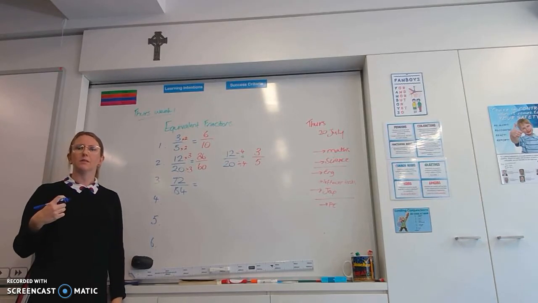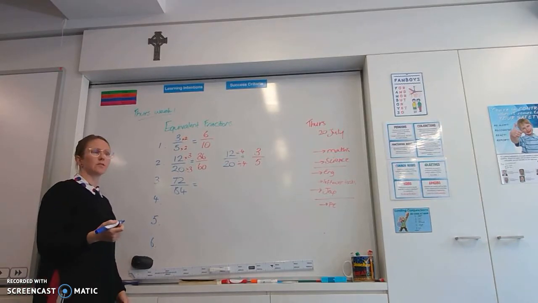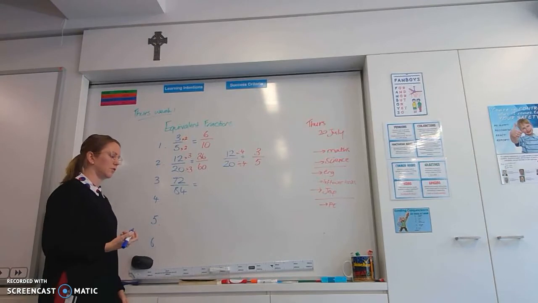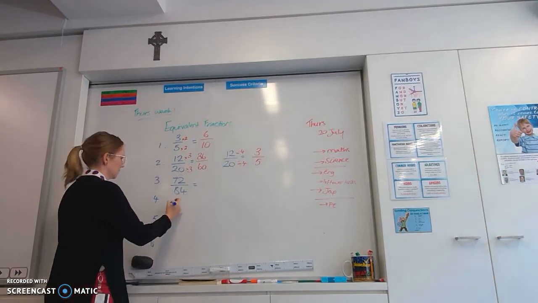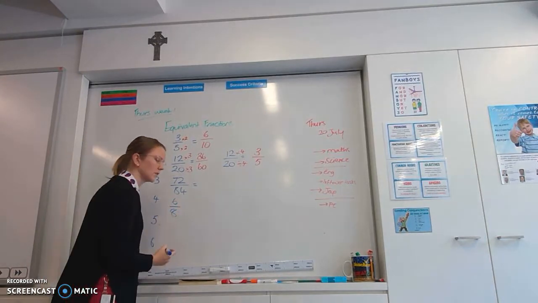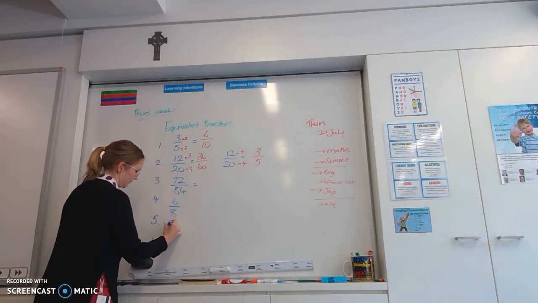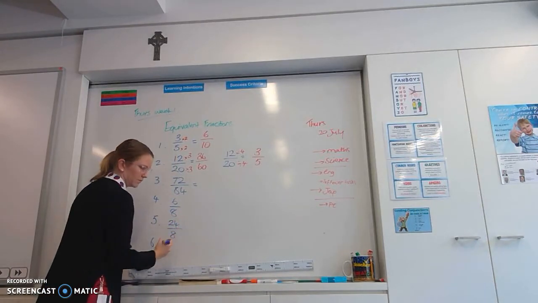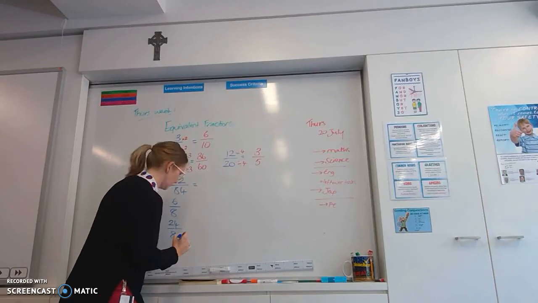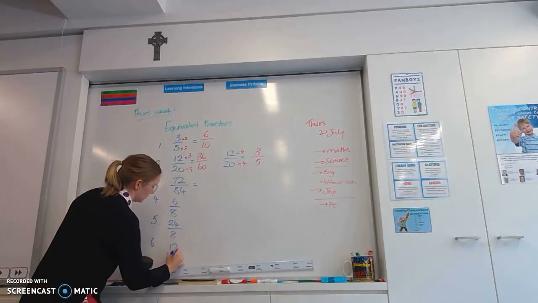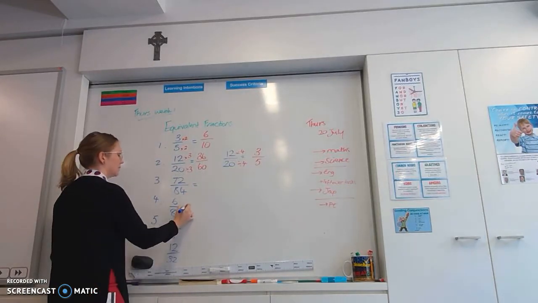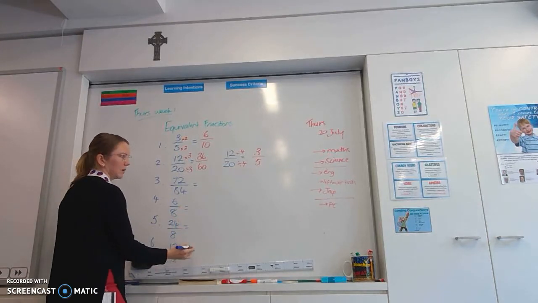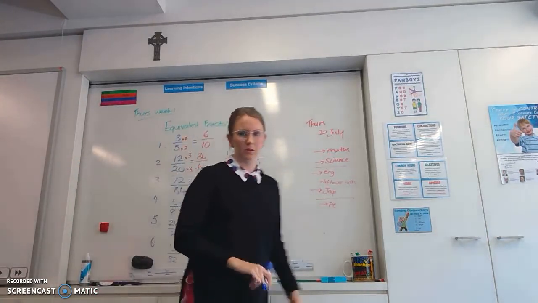So for these, you don't have to do them twice, just do whichever one you feel is appropriate. But please show your working by telling me what you've done with both of those.